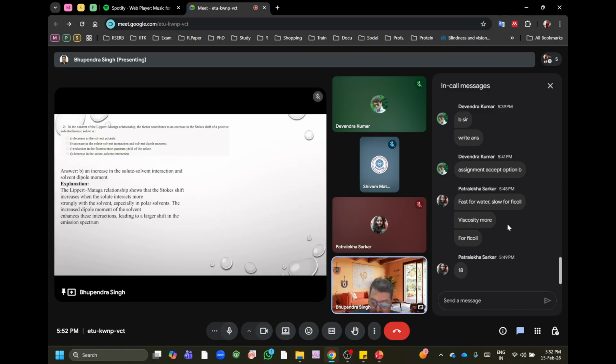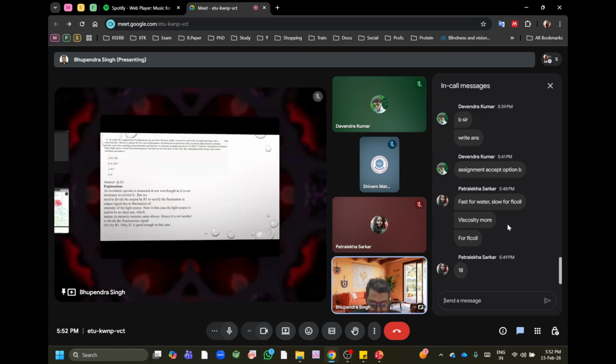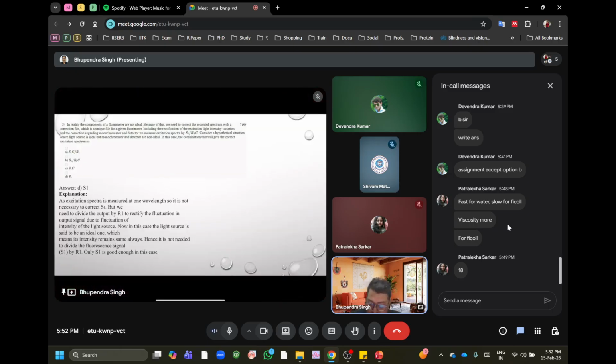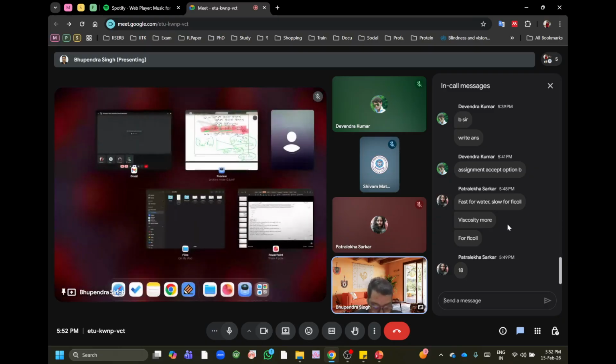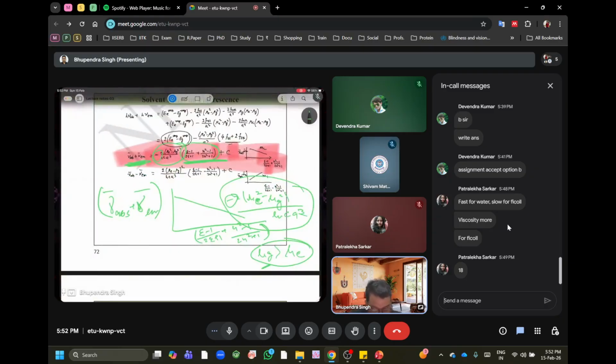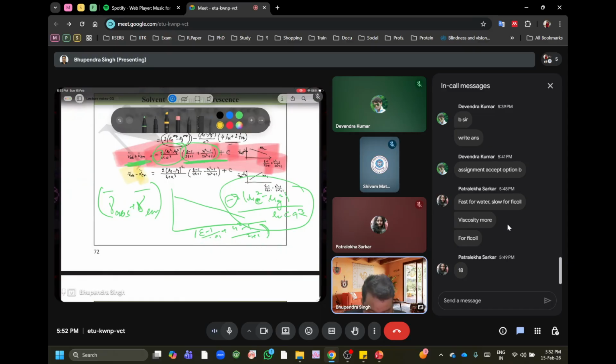Anyone? Okay, let me show you the Lippert-Mataga equation also. It is written here only. This equation. This is Lippert-Mataga.